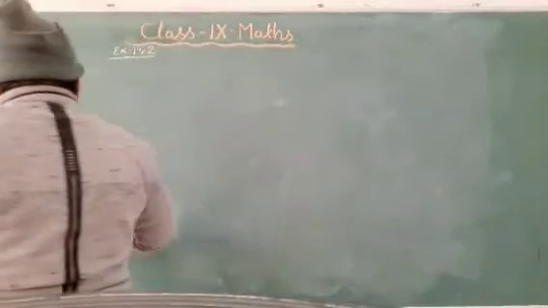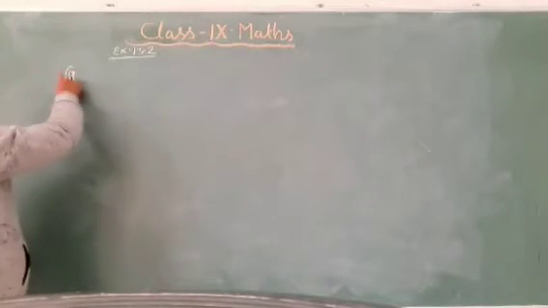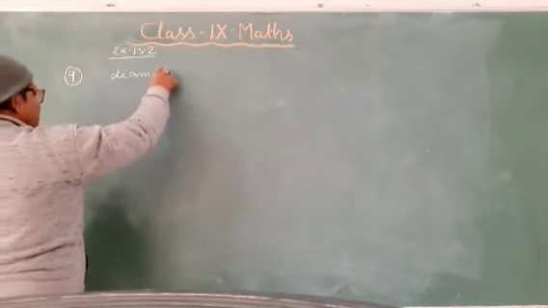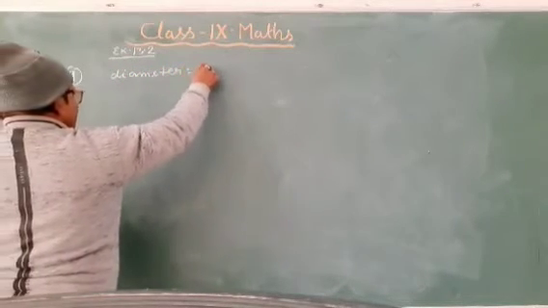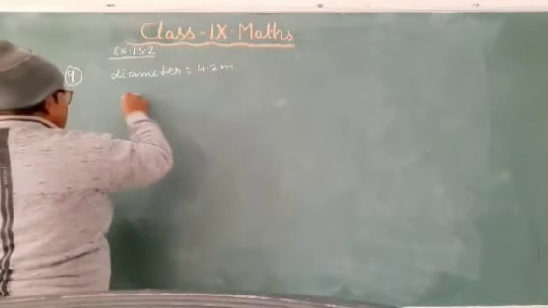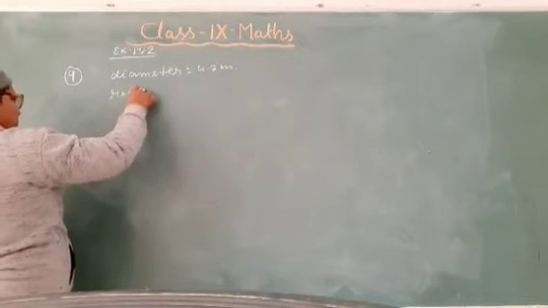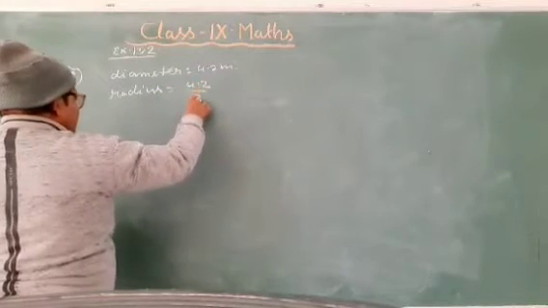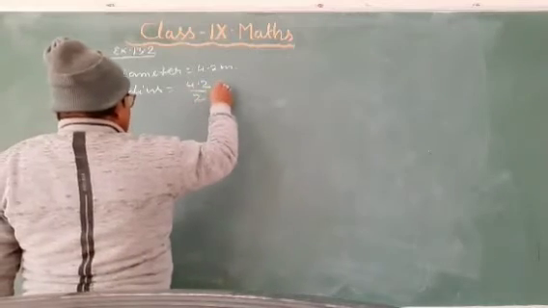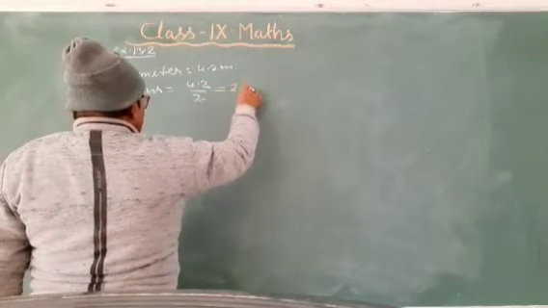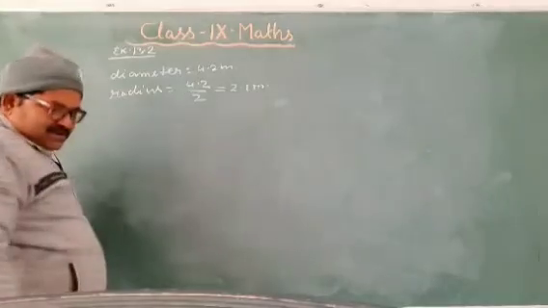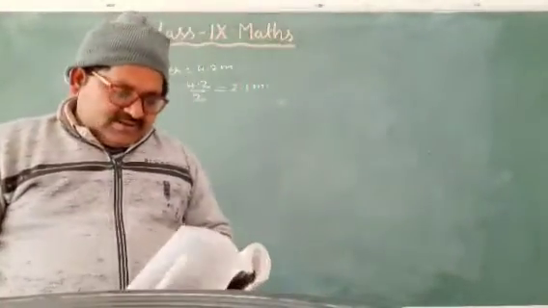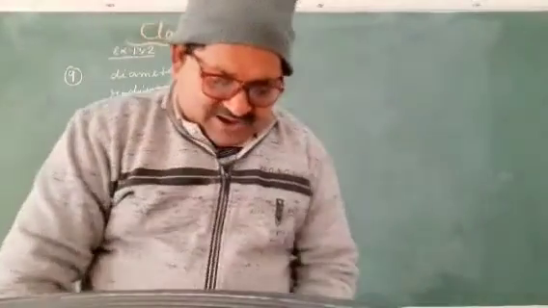Diameter 4.2 meter, and the radius 4.2 by 2 equal to 2.1 meter, and the height is 4.5 meter.